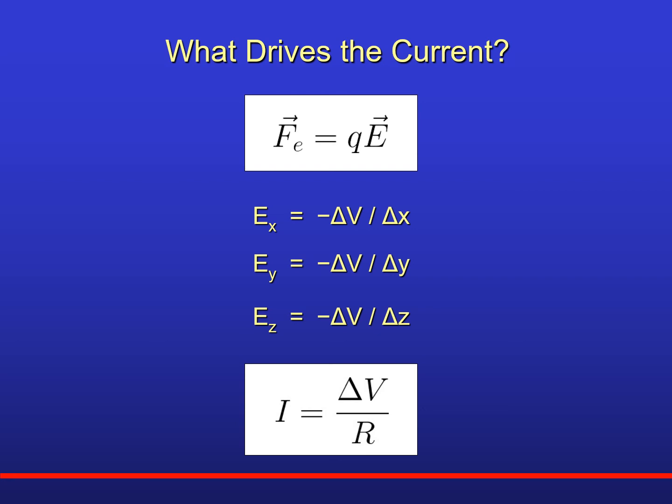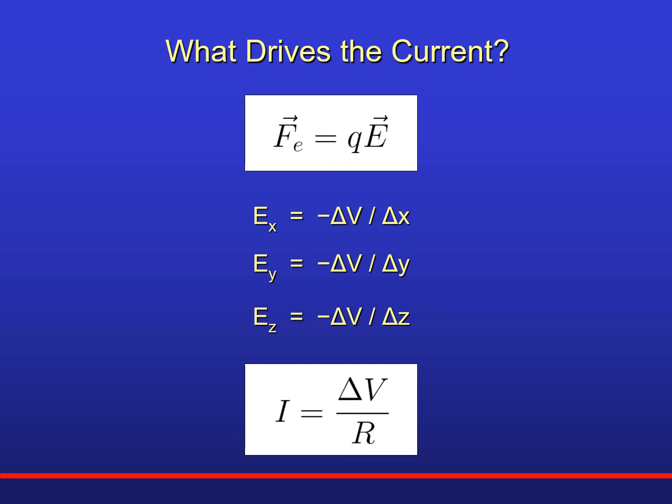The larger delta V is, the larger the electric field, the larger the force, the larger the current. So current is equal to delta V over some number R. R is the resistance to the flow of the current. The way to think about it, delta V is what drives the current. R is what resists the current. R serves as the friction in the circuit.